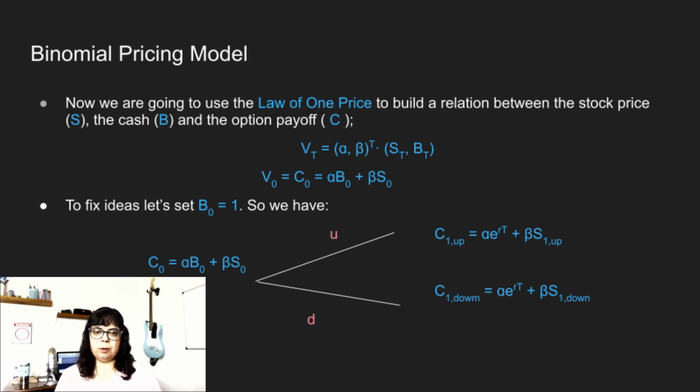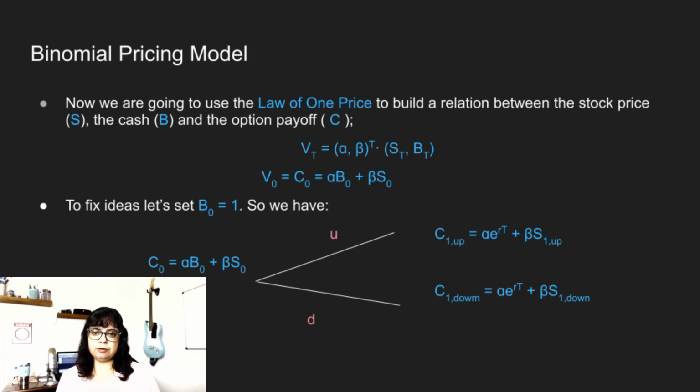Essentially, the law of one price builds a relationship between the stock price S, the bank account B, and the value of the option C. With this relationship, the final value of the portfolio in the last period is represented as a vector of parameters, alpha and beta, transposed, multiplied by the stock price and the bank account.